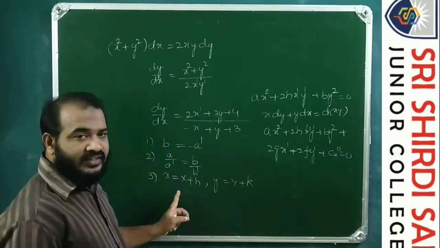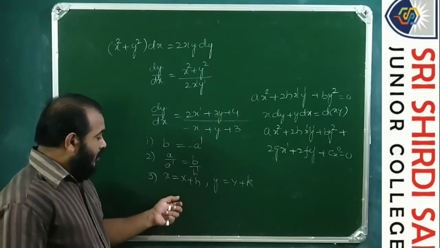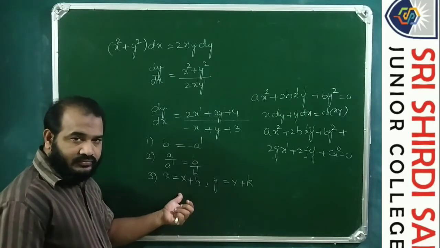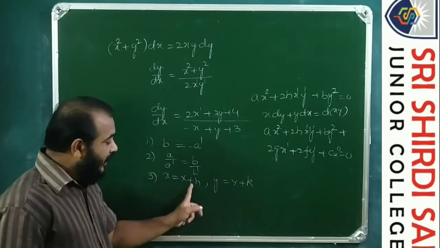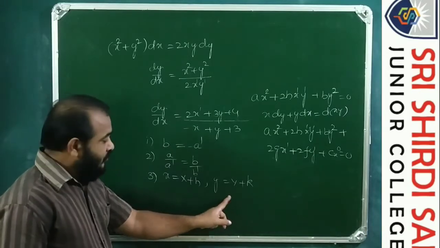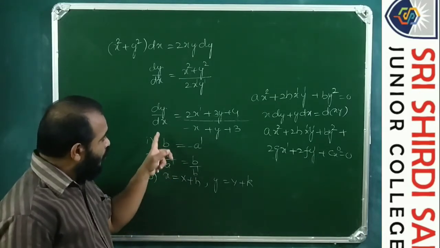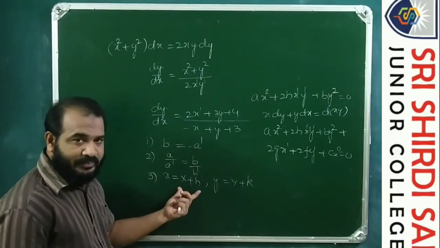And here this is the lengthy process. So here it involves two simultaneous linear equations in h and k. H and k we need to solve, and so this non-homogeneous equation will become a homogeneous equation in the first step itself.